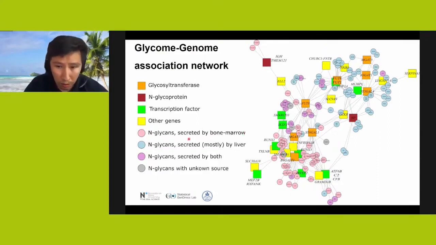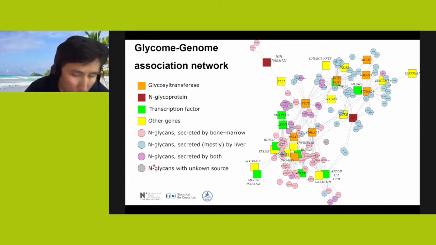In the second basket, which we colored blue, we put the N-glycans that are linked to N-glycoproteins mostly secreted by the liver. Purple means these N-glycans are linked to both types of proteins. And we also have gray circles, which are, let's say, dark matter. We cannot say explicitly the source of these N-glycans.